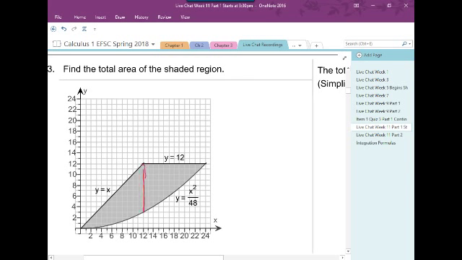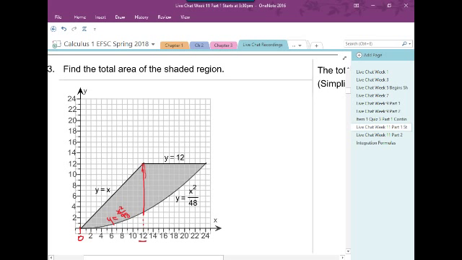On the left side, the region is bounded by the function y equals x on the top and the function y equals x squared over 48 on the bottom. And that goes all the way from the x value 0 to the x value 12.